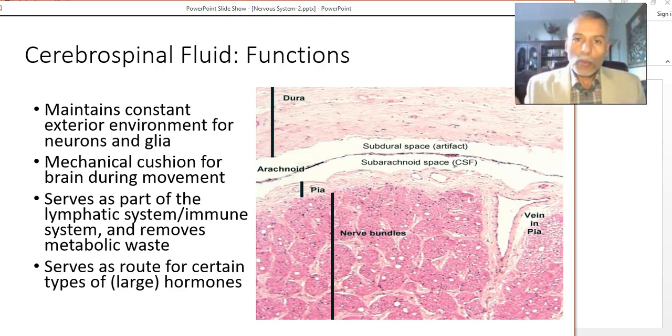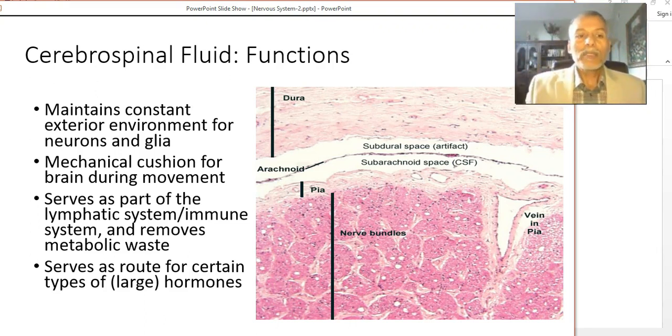And then you want to dispose of all of that waste. So the cerebrospinal fluid serves like a river where you can bring your waste into ships, and these ships will take it away and get rid of it.